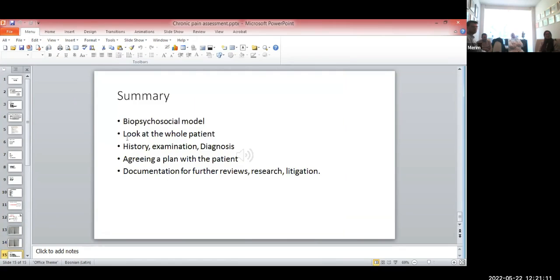So in summary, we just remind each other of the psychosocial three circles. Don't just look at the pain with a keyhole vision. Look at the whole patient. History is very important. British medical training used to say history, history, history, because nowadays we are relying too much on investigation.